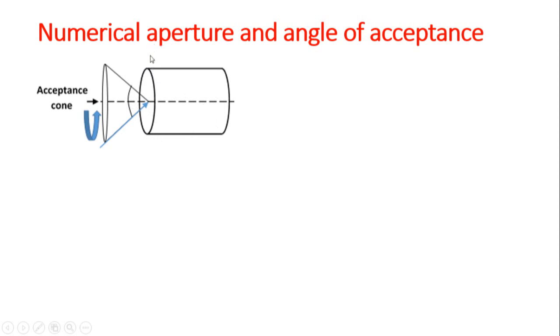The core is surrounded by the cladding. I have not shown the cladding in this particular figure. I took the core itself for defining the numerical aperture and angle of acceptance, because the light guided by the fiber passes through the core only.